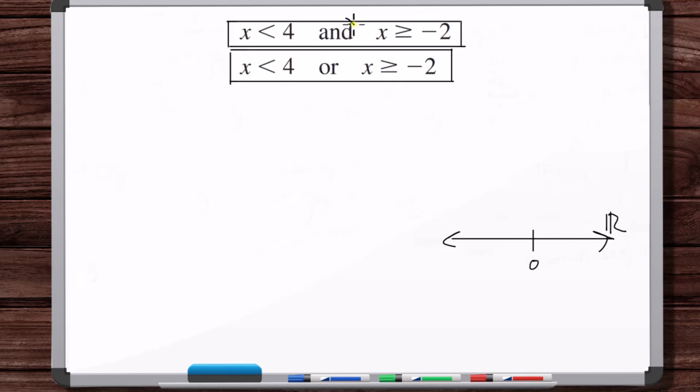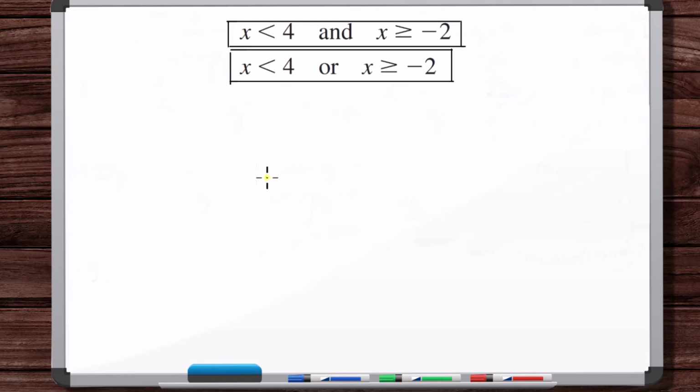That's where you also have an and or an or associated with a compound inequality. Because you've got these big solution sets to these inequalities, and you're trying to see where they cross over, or maybe you're just including everything in both. When it comes to a compound inequality, you can have as many inequalities as you want.